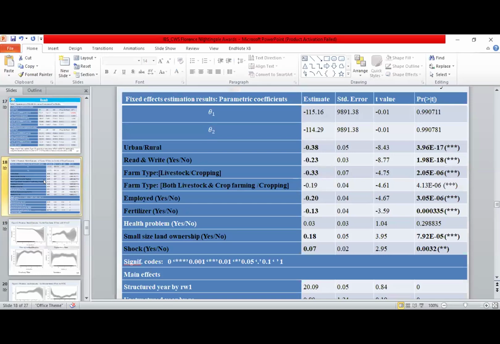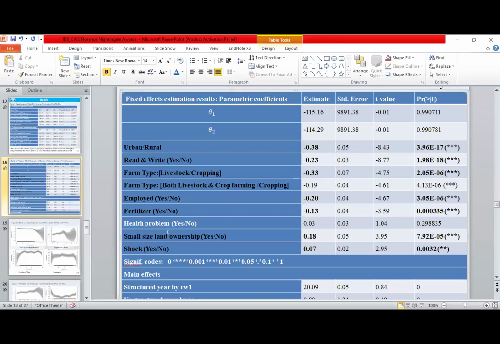And the result indicates that the linear effects showed that urbanization, education, farm type, employment, and fertilizer have a significantly decreasing effect on severity of food insecurity, whereas land ownership and shock have a significantly increasing effect on severity of food insecurity.